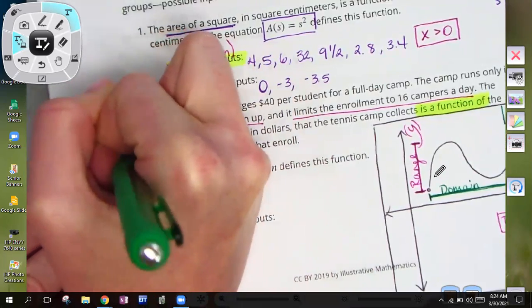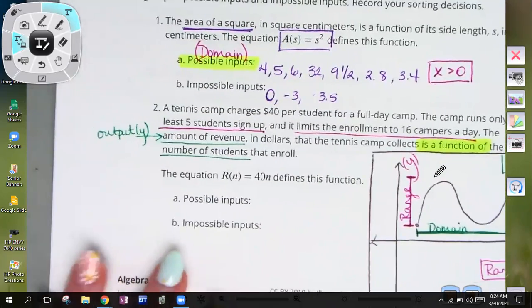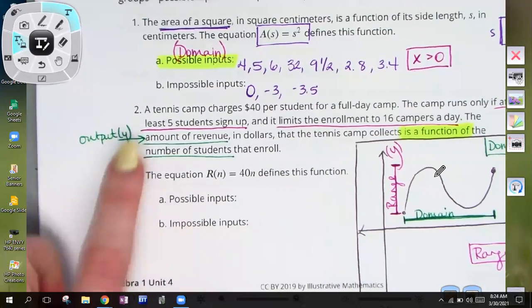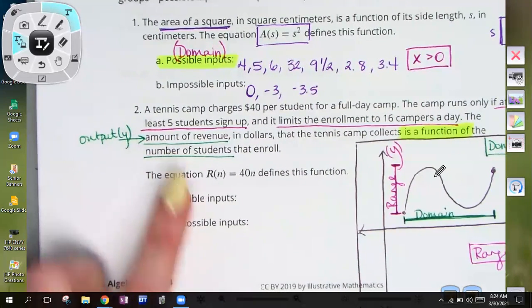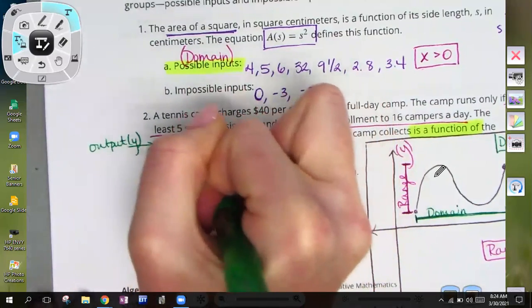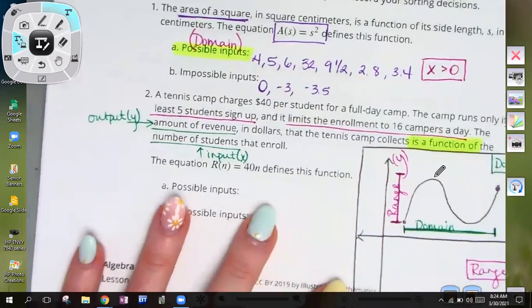When we're talking about the revenue, we're talking about the output. So that makes the number of students my input, my x. Write that down.